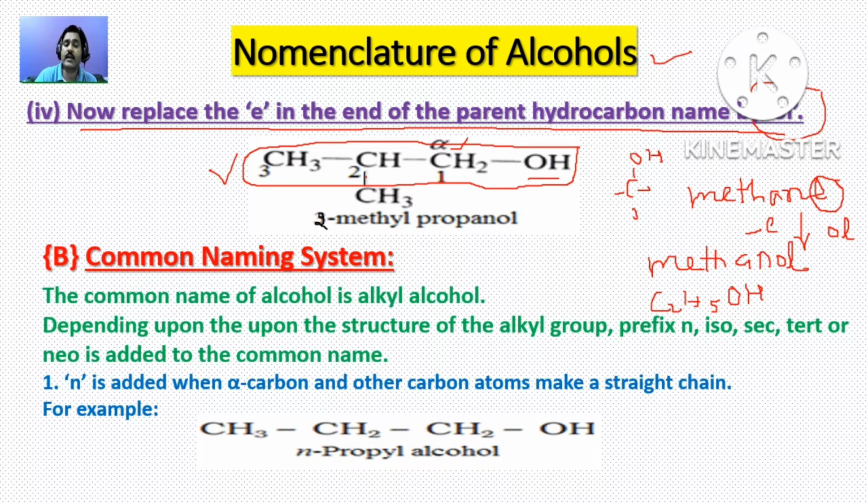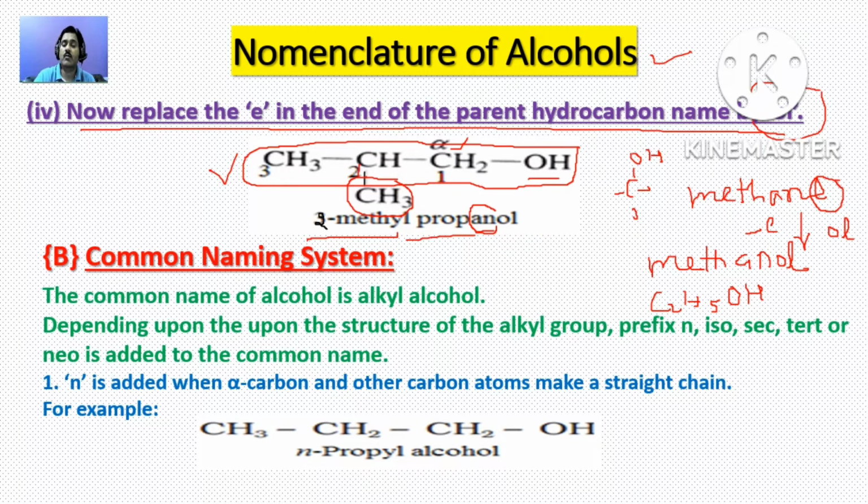The alpha carbon atom has number 1 position. Now the methyl group is attached to carbon number 2, so 2-methyl. 1, 2, 3 carbons are there, so it is called prop. And a single bond is also present, so it is called ane, a-n-e. Here E is replaced with ol, so it is called propanol. 2-methyl propanol is the name of that compound.